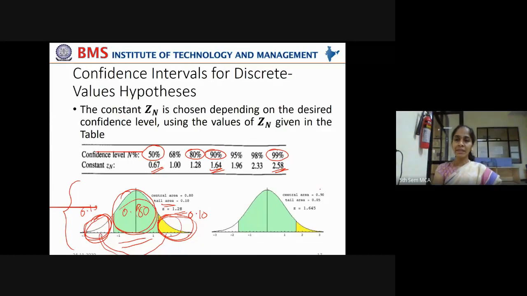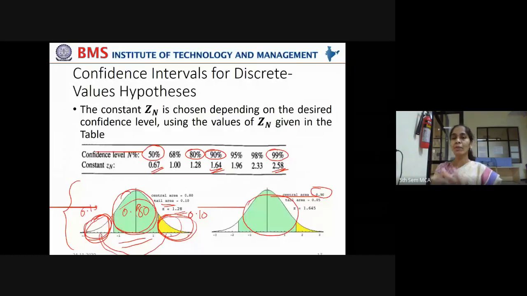Now take in this case, area under the curve, you are taking the central area as 0.90, means you are telling that 90% of the time your machine learning model will predict correctly with the unseen data also. Means 90% of the time your sample error will be the same as your true error.